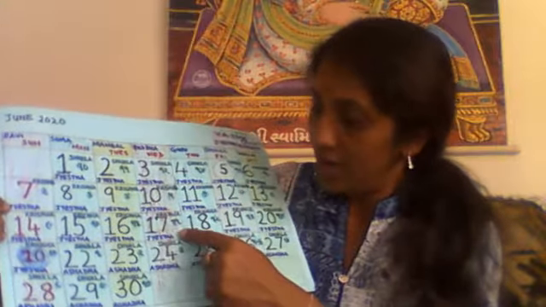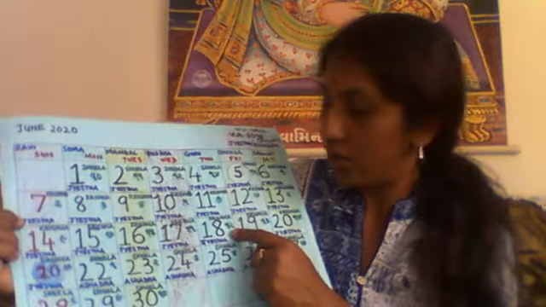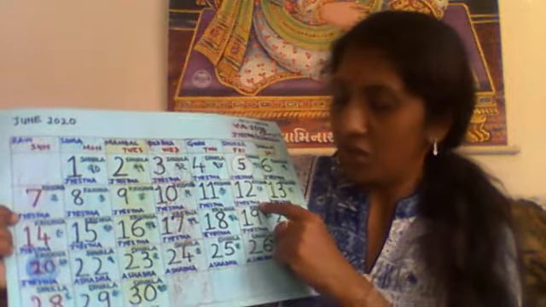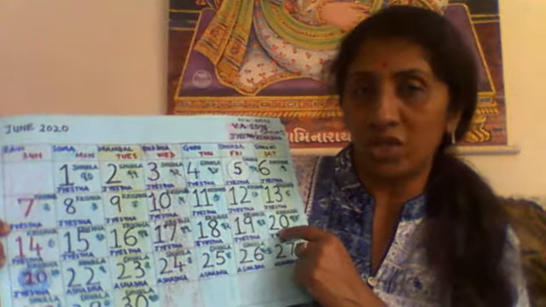Some tithis appear twice, for 2 days, and some tithis are there for half a day. Let's continue. Then the 18th is Jyesht, Krishna, Dwadashi. Jyesht, Krishna, Trayodashi. Jyesht, Krishna, Chaturdashi. And here is Jyesht, Krishna, Amavasya.